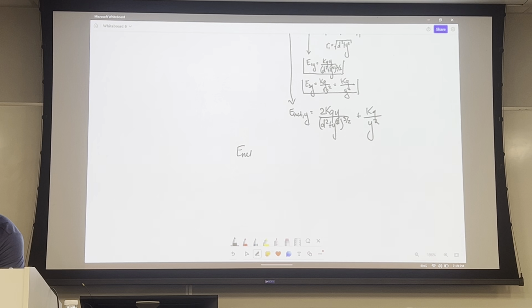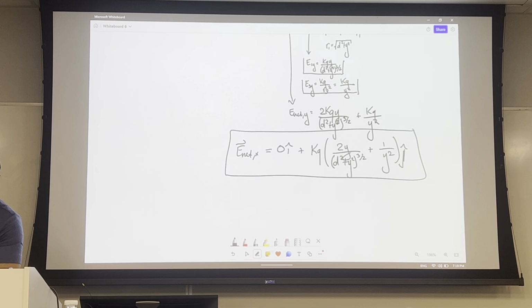And in the full form that I would like for you to utilize, it would be 0i plus, we can factor out a k and the q for both terms, so it's kq times 2y over d squared plus y squared raised to the 3/2 plus 1 over y squared in the j direction. It's E net instead of E net y; this should be just E net. It has the x component and the y component.